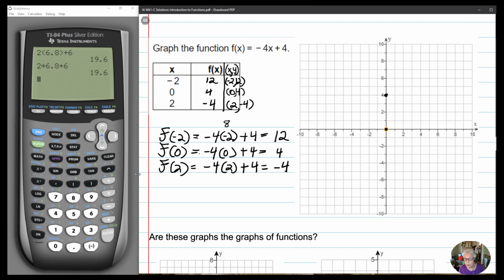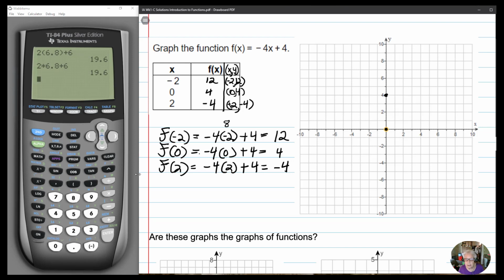Now, positive 2, negative 4, you graph like this, remember? You start at the center, and since 2 is positive, and it's the x-coordinate, you go to positive 2 on the x-axis, but you don't stop there. Don't even put your pencil down.